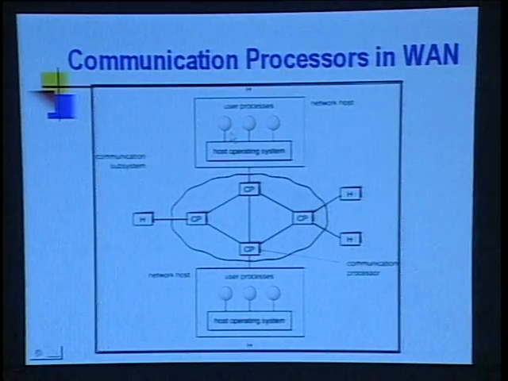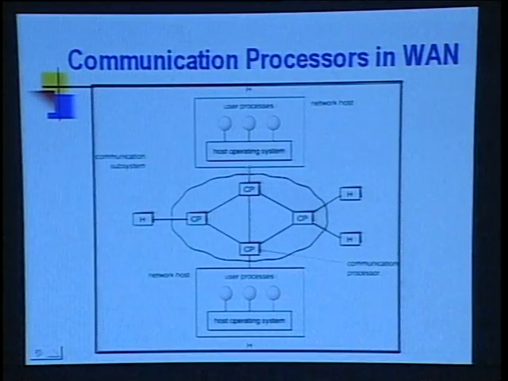From our site, wherever the organization is, let's say this is Allama Iqbal Open University central site, this is Lahore, Karachi, Islamabad, Quetta, and so on. If we want to go from our Islamabad site to, let's say, Lahore, we have to go through the telecom network. This is our communication processor at our site, and there needs to be a network between our site here and, let's say, this is the telco's gateway located here.